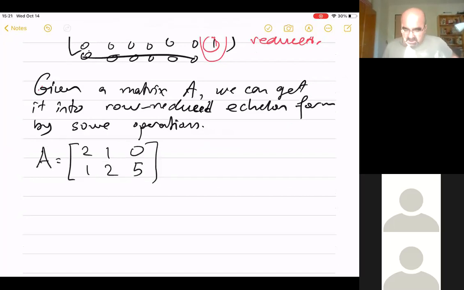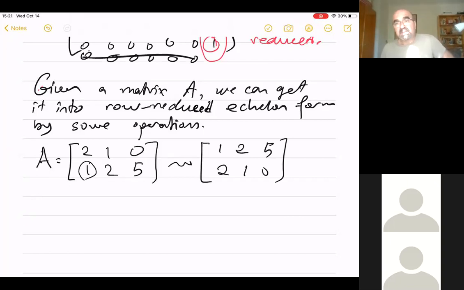If you interchange the first and second row, because this entry is 1, or you can divide by 2, but let's interchange these two rows. Then it is 1, 2, 5, and 2, 1, 0.